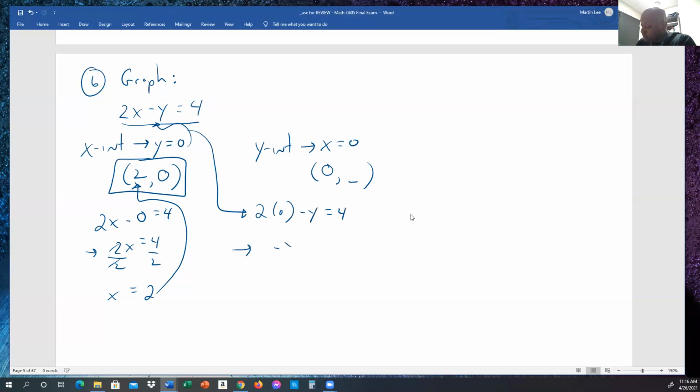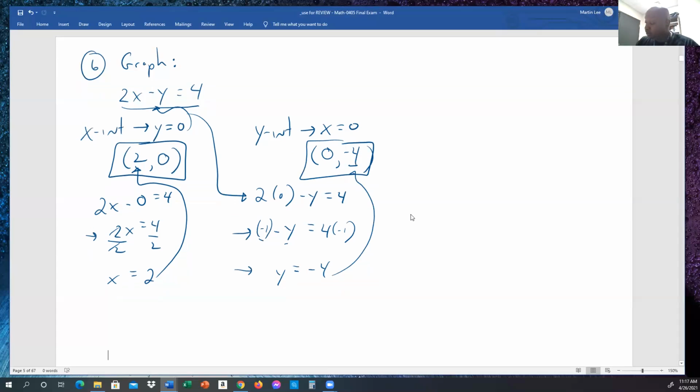And this is negative y equals 4. I need this y to be positive, so I can multiply both sides by -1. So -1 times negative y gives me a positive y equals 4 times -1, which is -4. So now I have 2 points, so now we can graph this.